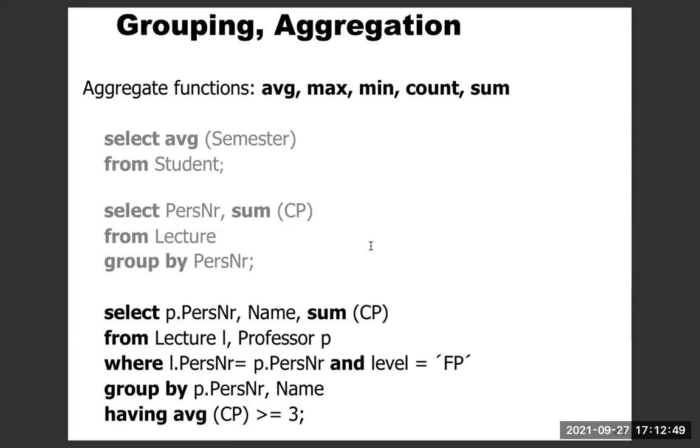And we may add a condition for filtering. Where filters records, that checks for records where a field level is equal to this, or where the field person number from here is equal to person number from there.